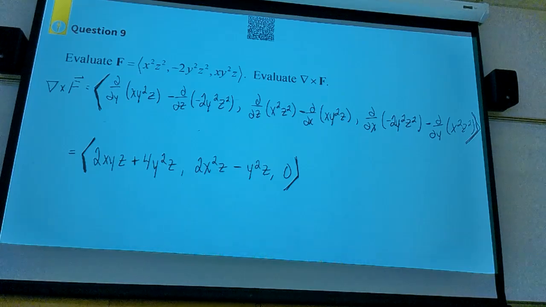Now, why do I like these operators so much? One of those.